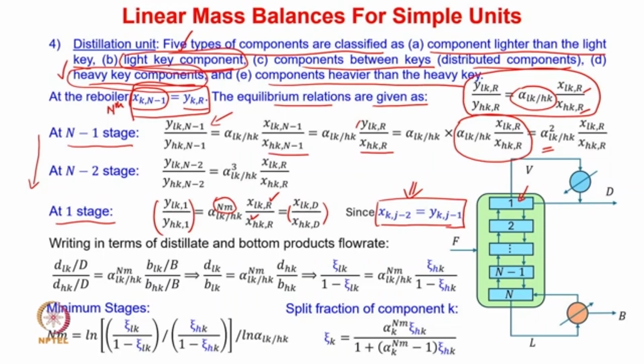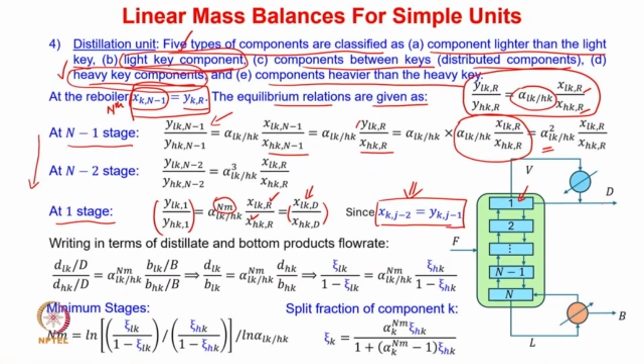The mole fraction of the vapor going out from stage 1 is the same as the mole fraction of the liquid coming into the stage. So the liquid coming in is the distillate, isn't it? So clearly y_lk,1 is the same as x_lkD and y_hk,1 is given as x_hkD. Okay, so now this is the equation we have obtained.